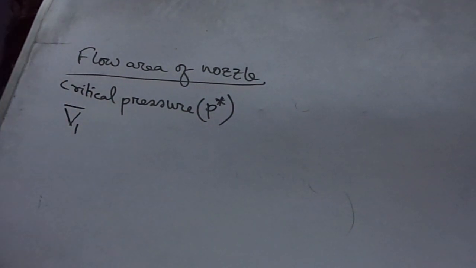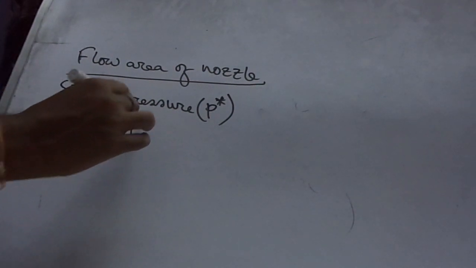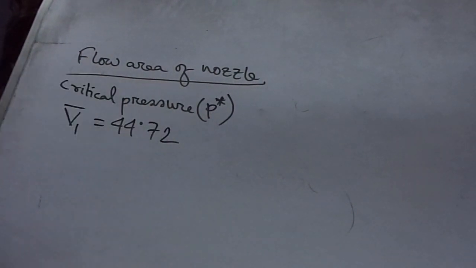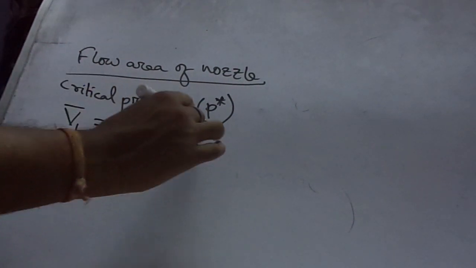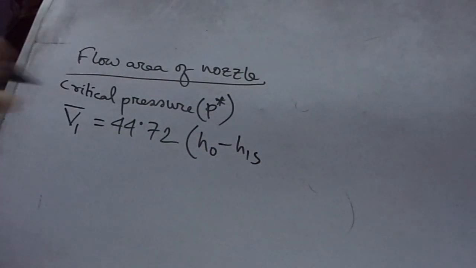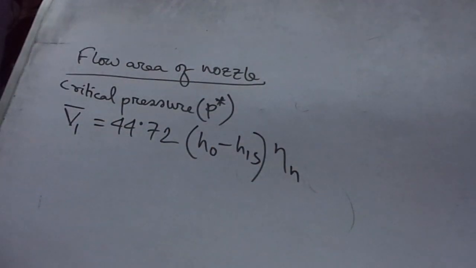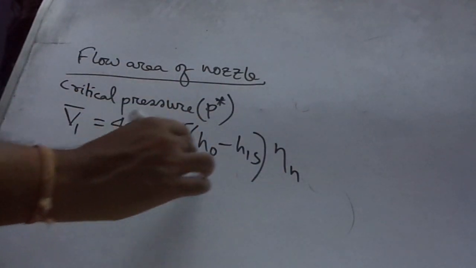V1 equal 44.72 (H0 minus H1s) nozzle efficiency whole to the power half.